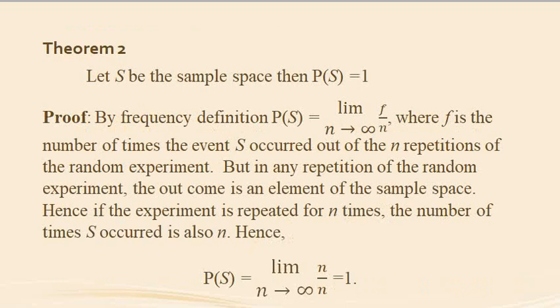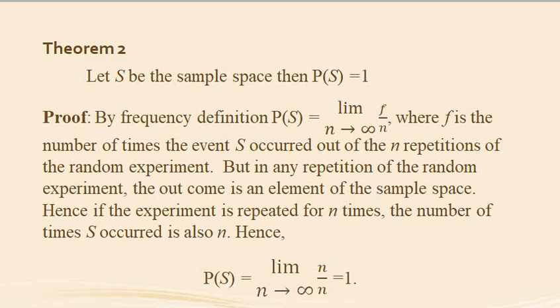Second theorem, we have P of S equal to 1. Again, by the frequency definition, P of S is the limit as n tends to infinity of f by n, where f is the number of times the event S occurred out of the n repetitions. Since S is the sample space, every time any one of the elements of S happens, so S occurs every time.